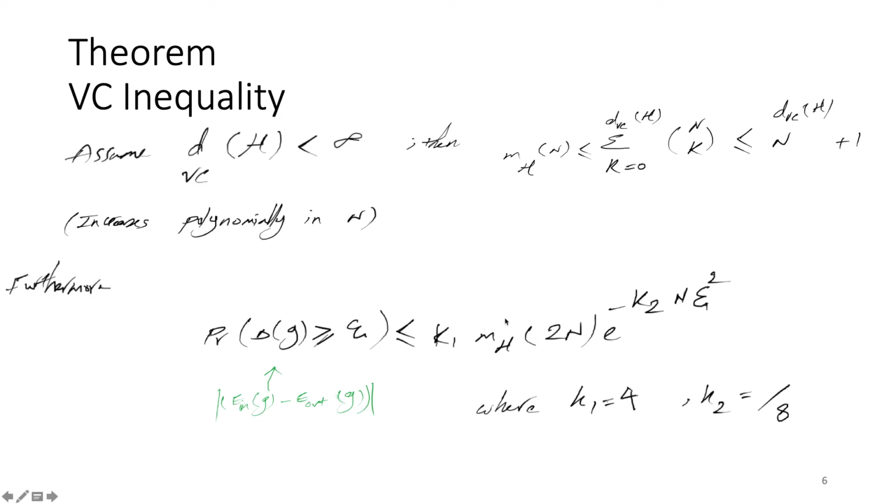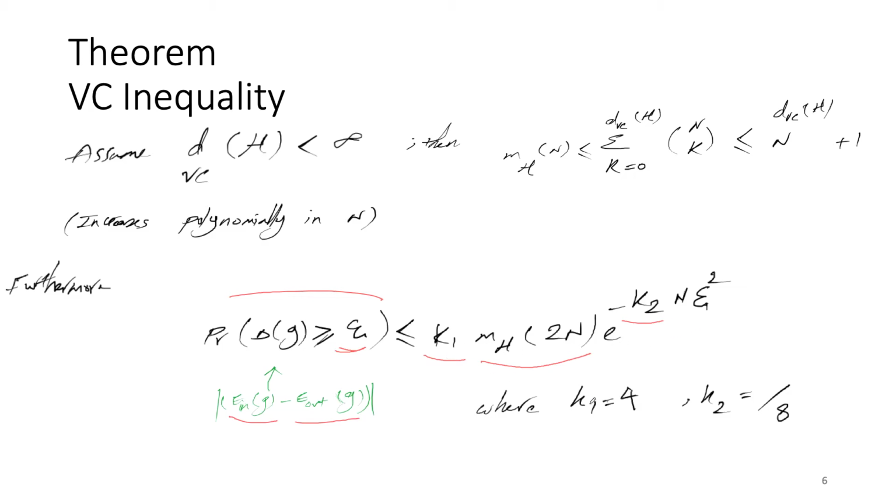And also we define the probability of delta G, which is the differences between your in-sample and out-of-sample error. The differences are within epsilon, and this probability is always smaller than or equal to k1 growth function, k2 exponential raised to k2, and epsilon 2.